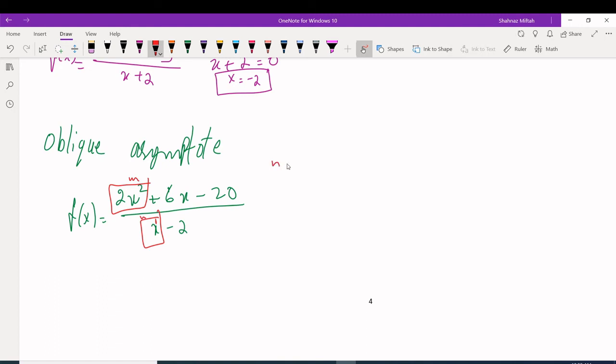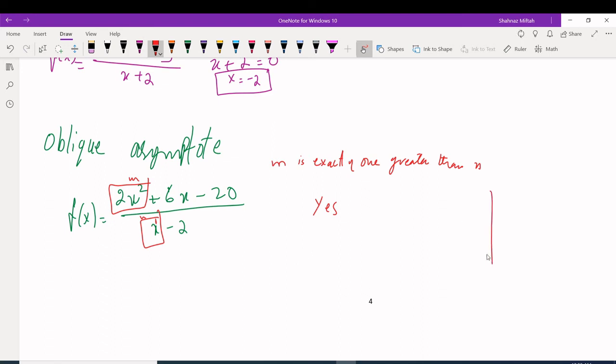So m is exactly 1 greater than n, the numerator. So in this case, I do have an oblique asymptote, so I'm going to say yes, we have an oblique asymptote.